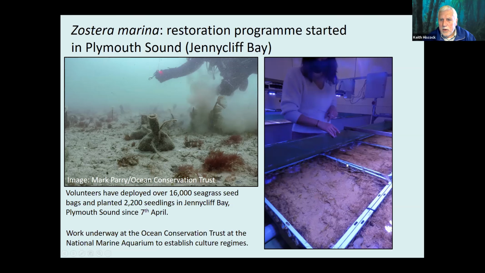And then the whole issue is to do with what temperature, what salinity, what lighting do you need to get successful propagation of those seeds. So a lot to be learned, and let's see whether in fact the project is successful in establishing a seagrass bed. But certainly during last year there was a lot of activity, and there will be again this year.